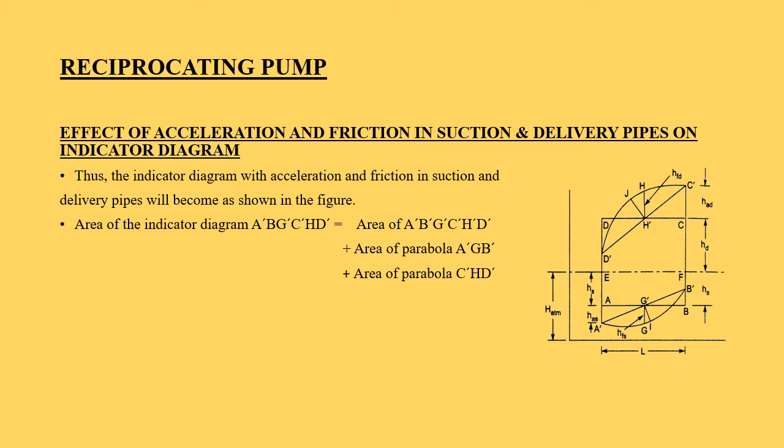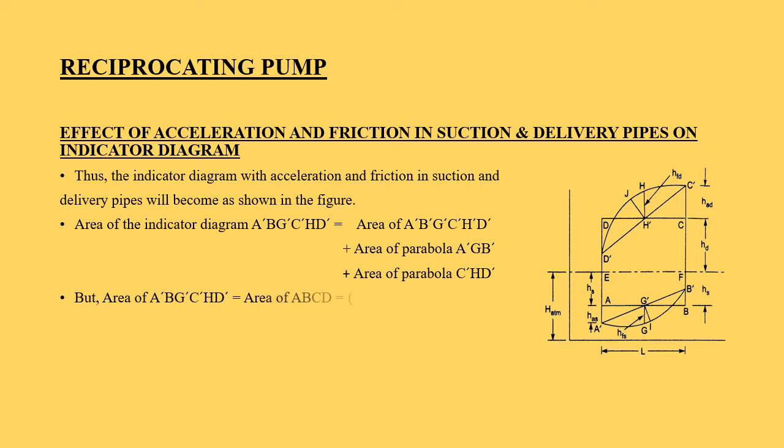From the figure, the area of the indicator diagram A dash B G dash C dash H D dash is equal to area of A dash B dash G dash C dash H dash D dash plus area of the parabola A dash G B dash plus area of the parabola C dash H D dash.